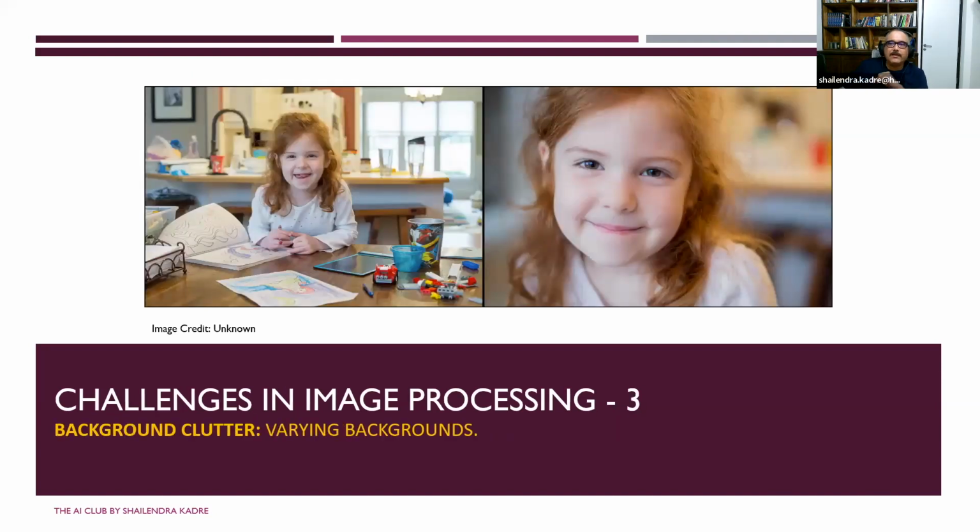Another challenge is the background. This is a beautiful baby, maybe in third or fourth standard, who looks like she is from some Western country. You are given the task to recognize this image. But the image can have a lot of clutter in the background.